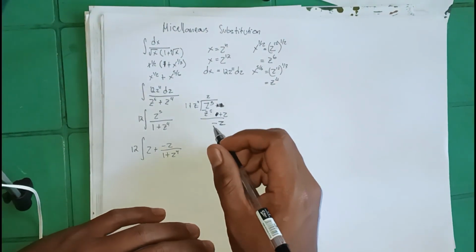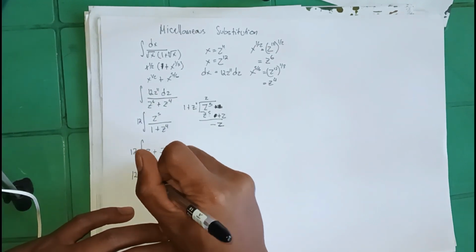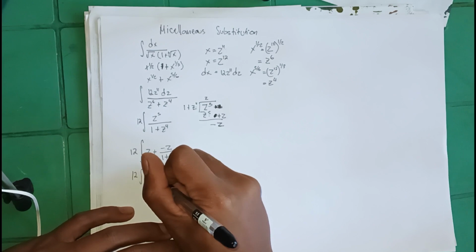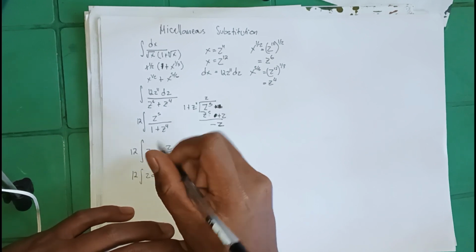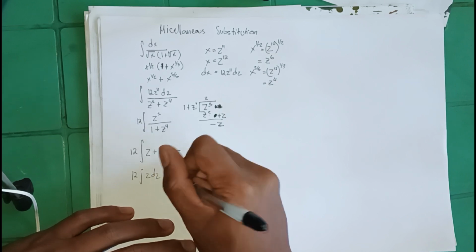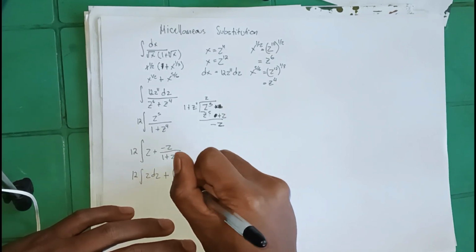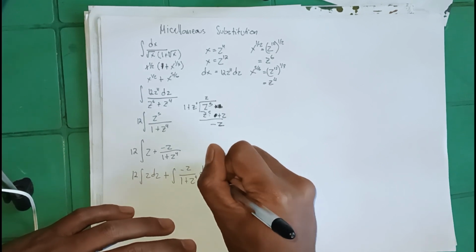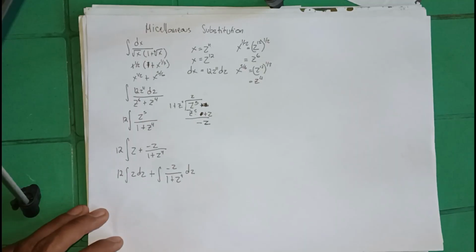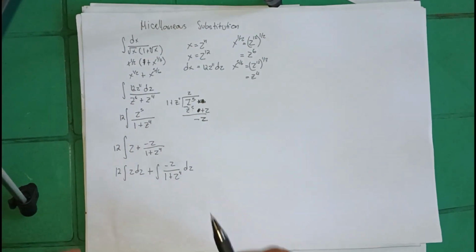So we can now separate this into two integral parts. So 12 integral of z dz minus the integral of z over 1 plus z to the 4th dz. So now we can find the antiderivative of these two integral functions.